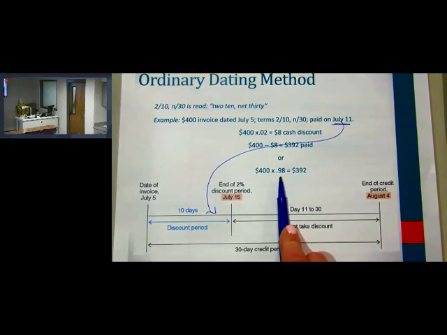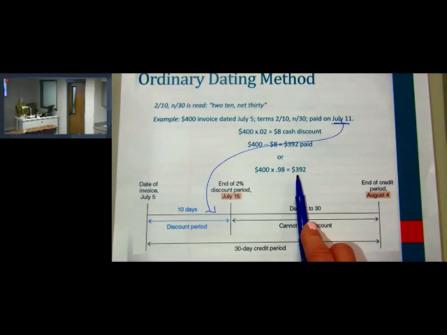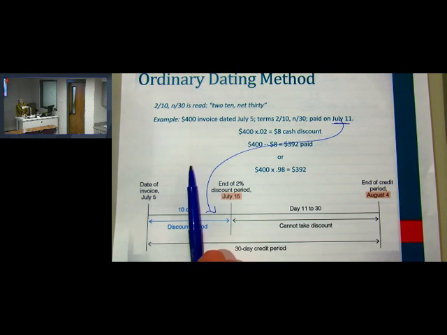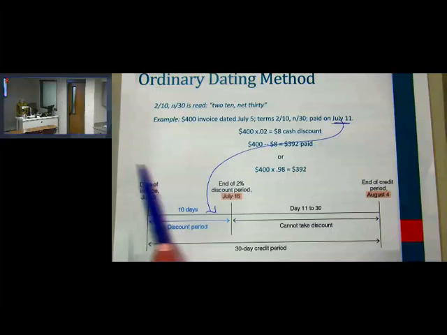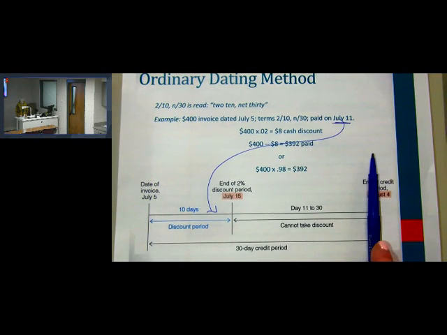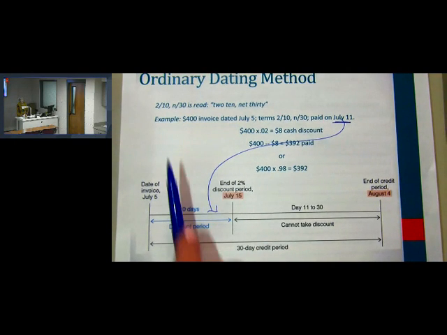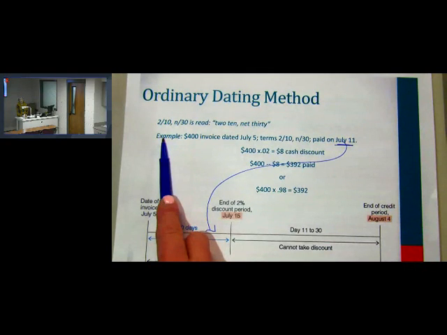You're going to get your complement here of 0.98 times your list. Again, you still owe $392. So you're basically saving $8 by paying your bill off early. Now again, if some of these bills are quite large, that 2% can, of course, be a substantial amount of money. All right, so we've got the discount period, we've got the credit period, we've got the cash discount, and again, ordinary dating, 2/10, net 30.